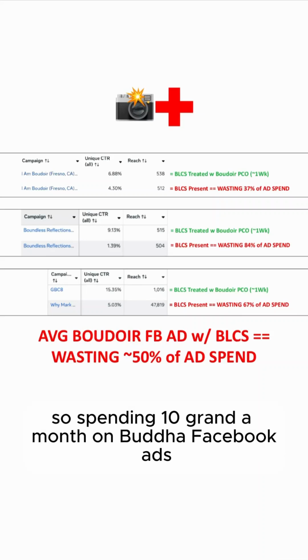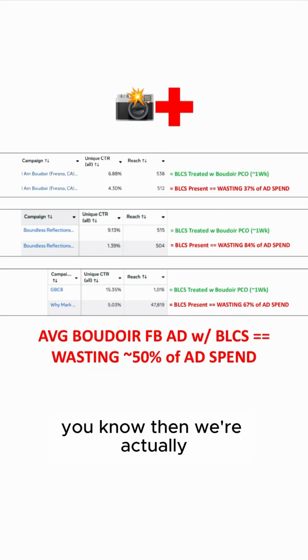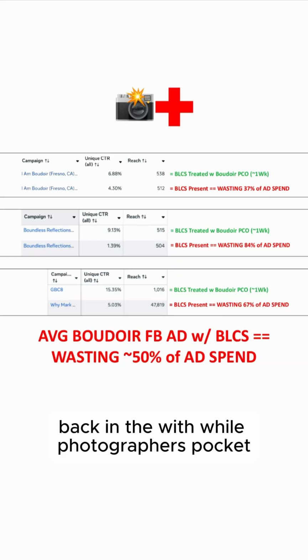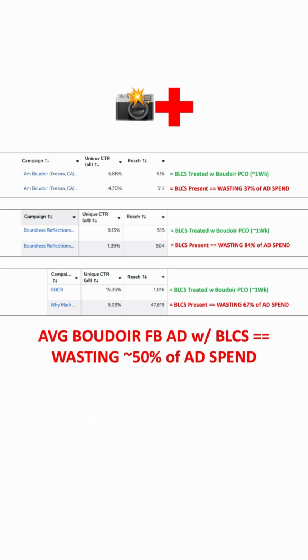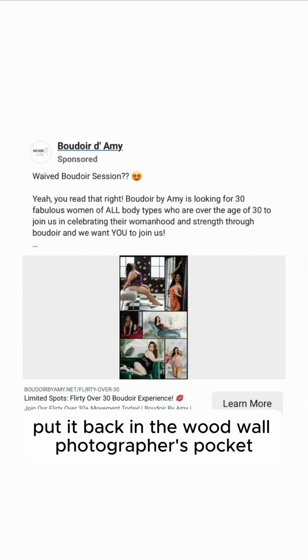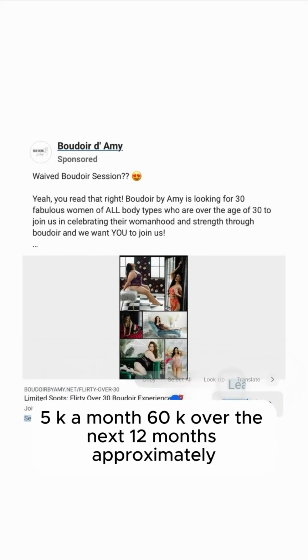So if you're spending 10 grand a month on Boudoir Facebook ads, then we're actually eliminating approximately 5K every single month back in the Boudoir photographer's pocket. They keep that, they no longer have to spend it. It's approximately 60K in the next year, 5K a month, 60K over the next 12 months approximately.